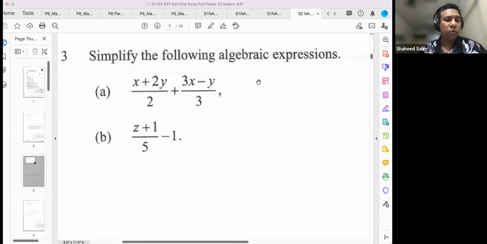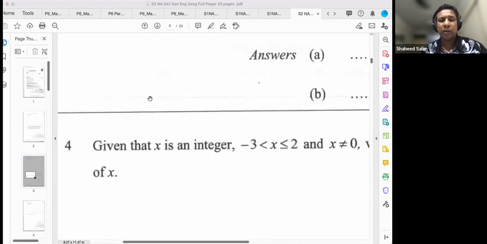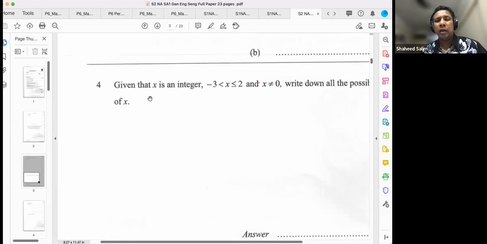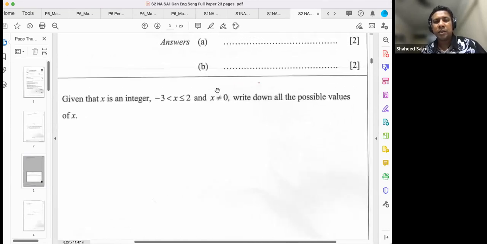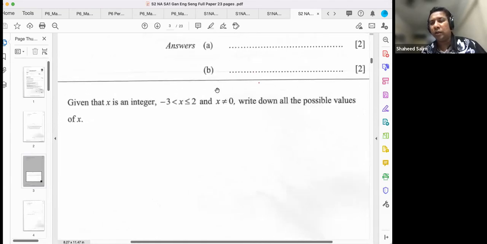Okay, we move on to the next one, which I think is also coming out. Inequality. Negative 3 is smaller than x, and x is smaller than or equal to 2. Write all the possible values of x.